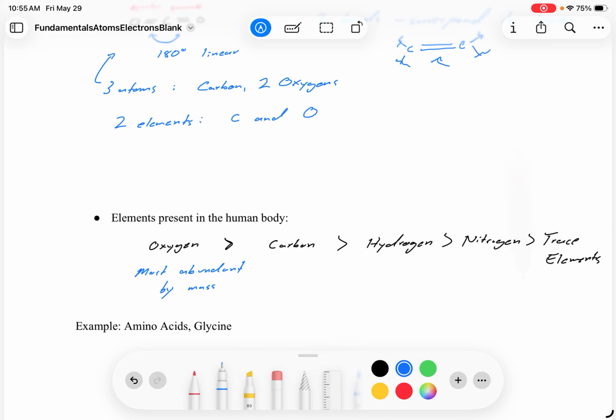So these are actually small amounts of elements, really small, smaller than nitrogen, in terms of percent mass.